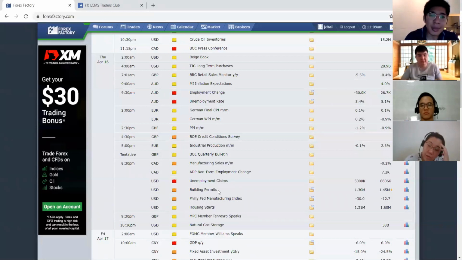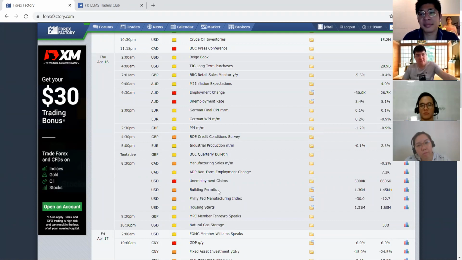Would it come out at 5.4%? Hey, I think it could even come out at greater than 5.4%. Employment change could even come out at even worse than minus 30K. So on Thursday morning is probably where I see the Aussie dollar starting to move lower as we see the bad news coming out from the Aussie economy, right?